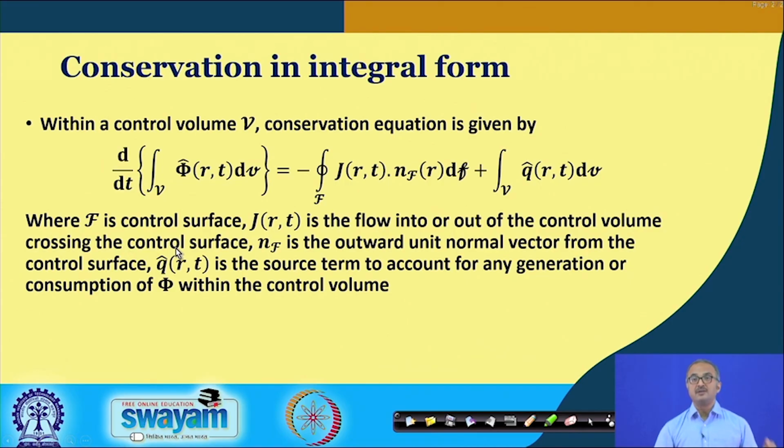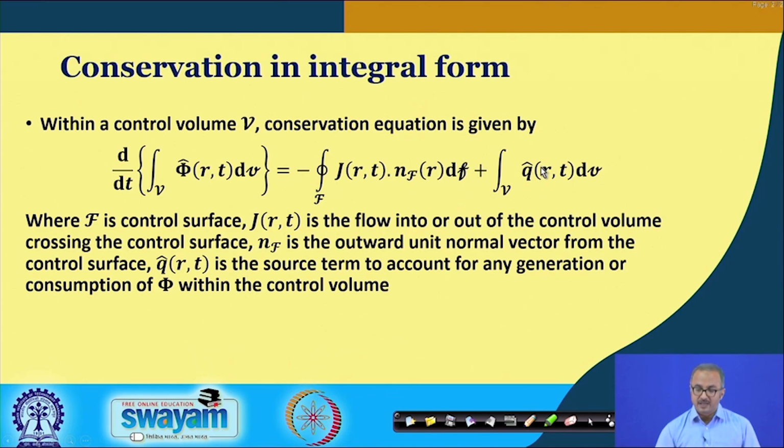This is important: the flow has to cross the control surface. And nF is the outward unit normal vector from the control surface. This J is a vector and nF is a vector, and when we take the dot product of the two vectors, we get the flux.